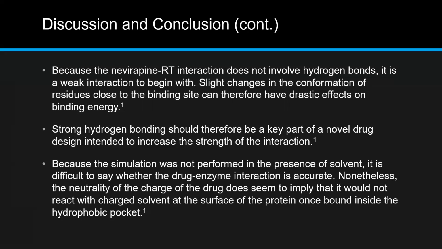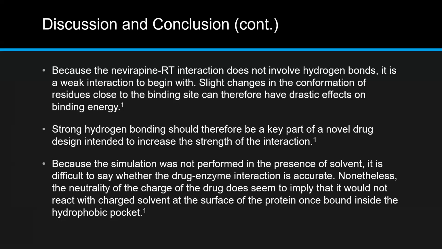Furthermore, the simulation computation does not take into account the kinetics of the interaction between nevirapine and reverse transcriptase, only the energetics. Therefore, there's not much we can say about the binding affinity of nevirapine to reverse transcriptase.